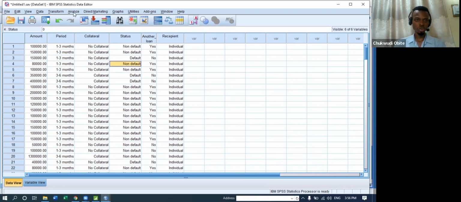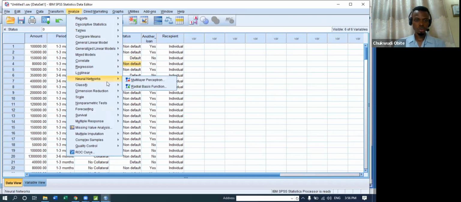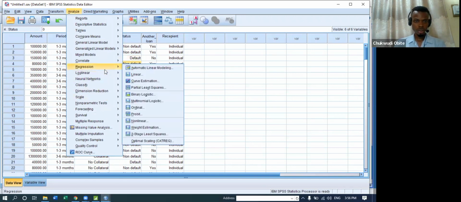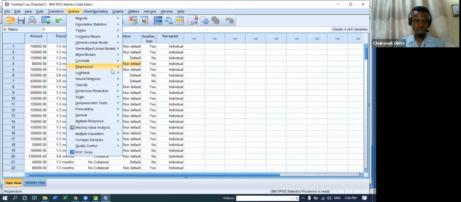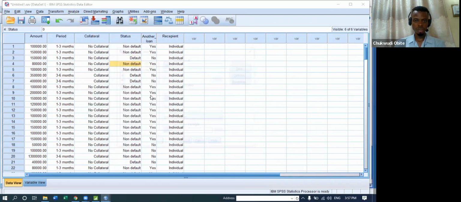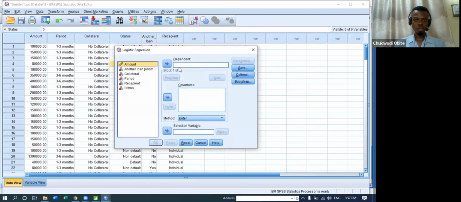But how do we do the analysis? We go to Analyze, Regression, then Binary Logistic. You put your dependent variable, which is status. Our independent variable is the amount the individual wants to borrow.